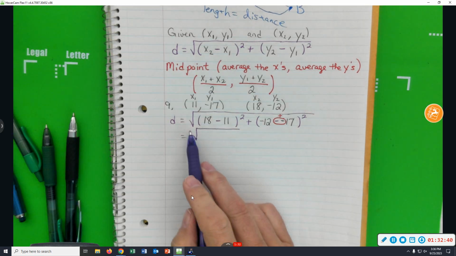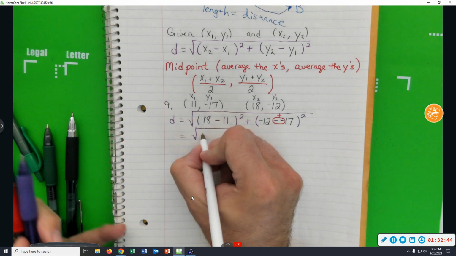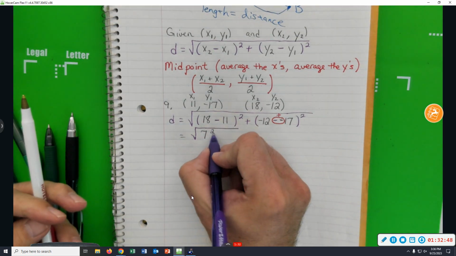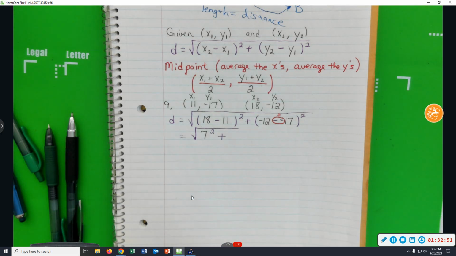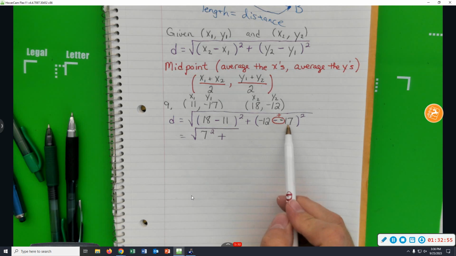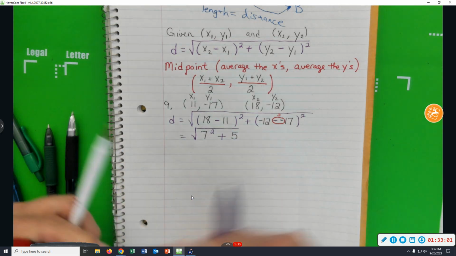And now let's simplify. 18 minus 11, is that 7? So we have 7 squared plus, what about over here? Negative 12 plus 17. Is that going to be a 5? Squared.